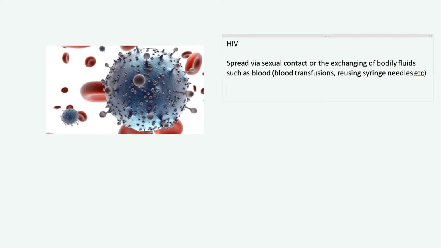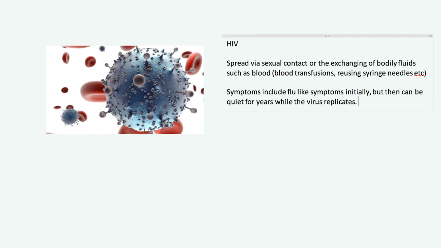Symptoms include flu-like symptoms initially, but then can be quiet for years while the virus replicates. Often when a person is infected with HIV, they are unaware, and that can go on for years and years until they see quite severe symptoms. So this is obviously a massive problem.